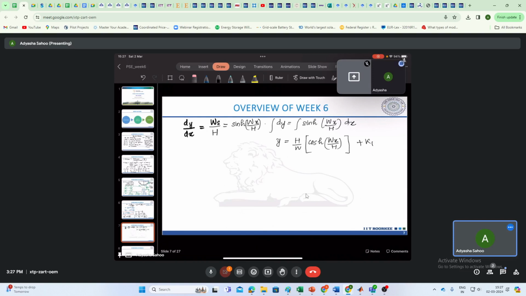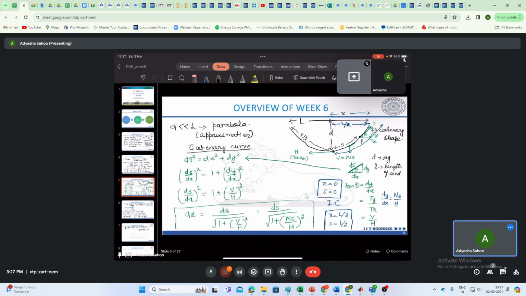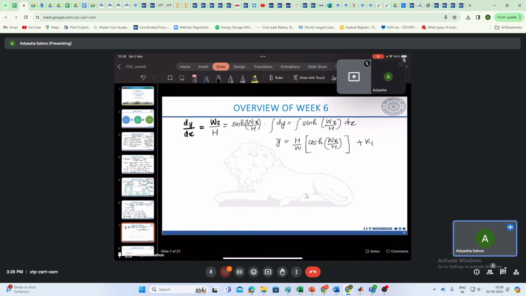Now if we see here, whenever x is 0, so if we consider y as also 0 at this point, so basically the lowermost point, taking that as your origin, you can get y as 0. So substituting that initial condition here, when x is 0, y will be 0.